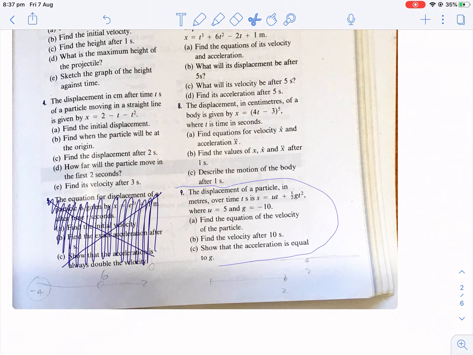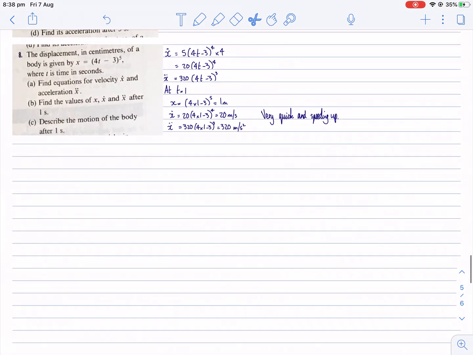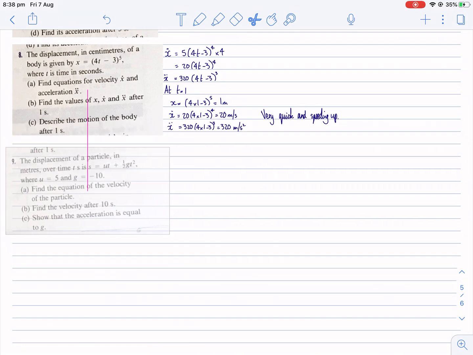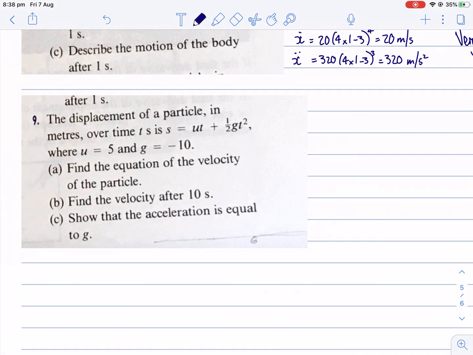Question 9. This is one of Newton's laws of motion. Physics students will recognise this one. Okay, the equation of the velocity.